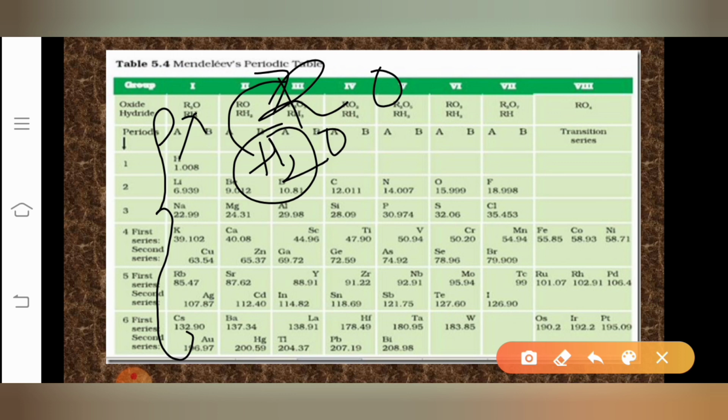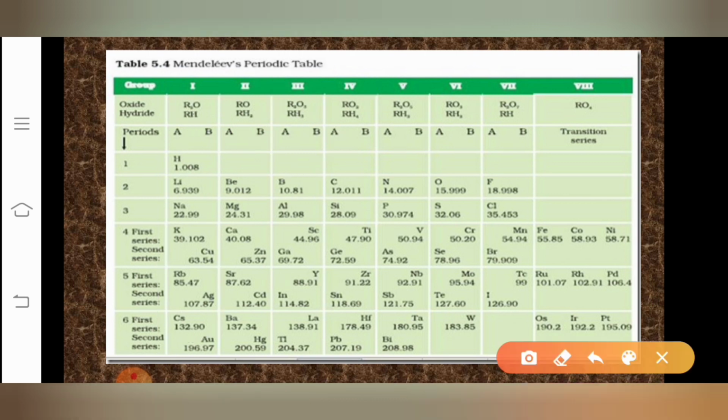R is any element which is found in this group. So now R2O means it is H2O. Correct? So one more thing I'll tell you. Suppose it is reacting with the hydrides, then there is RH, right? Now if hydrogen is reacting with another hydrogen, then it will be RH, that is 2 atoms of hydrogen, so it is H2.